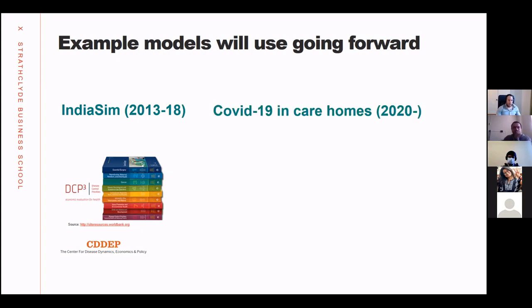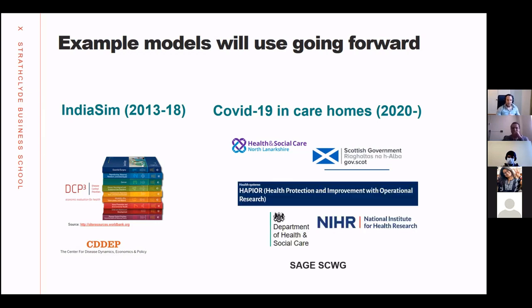The other one that I'll talk about is COVID-19 in care homes, which is work that we've been doing over the past 1.5 years and continue to do. Originally, it was work with local health boards over here advising the Scottish government. By the way, University of Strathclyde is in Scotland, if you were not aware of that.